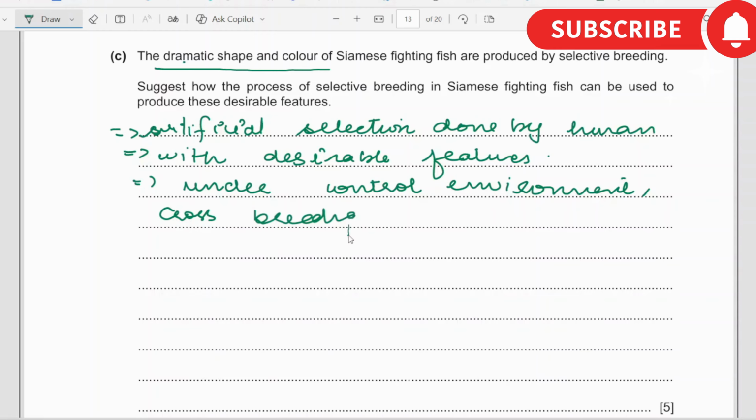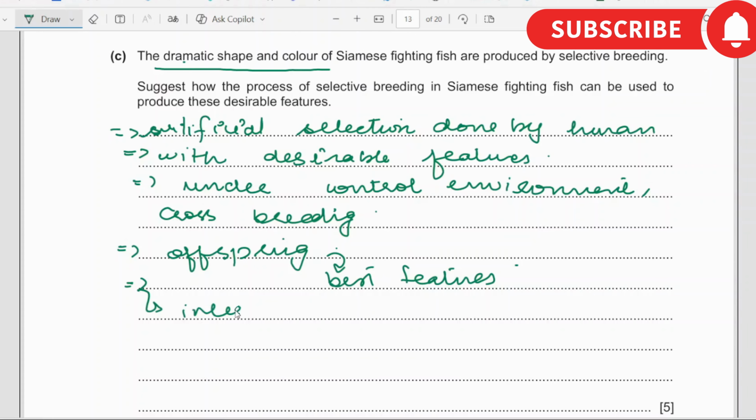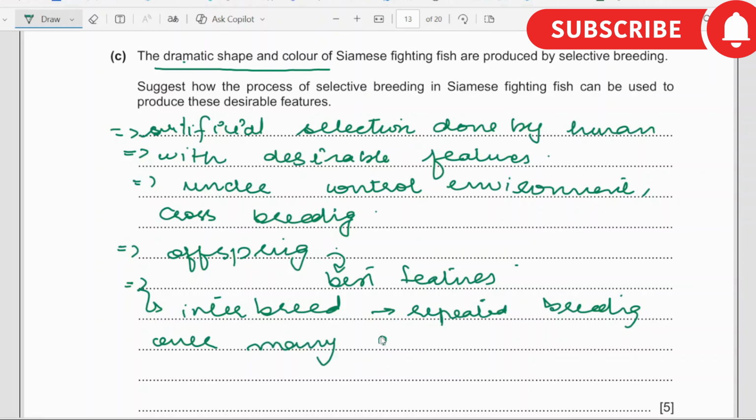Then we would choose the offspring with the best features, and then interbreed them over many generations to get the desirable result. Repeated breeding over many generations to get desired results. Good.